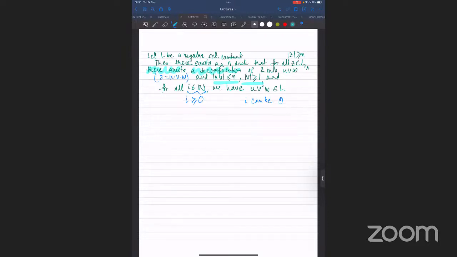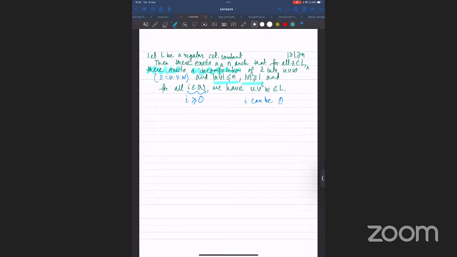In order to show that something is regular, if I give you any arbitrary Z, you have the power to choose the decomposition.